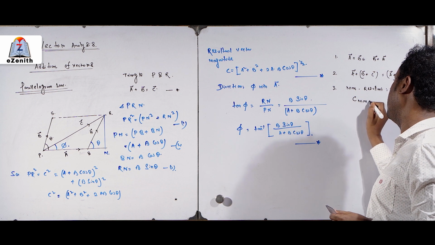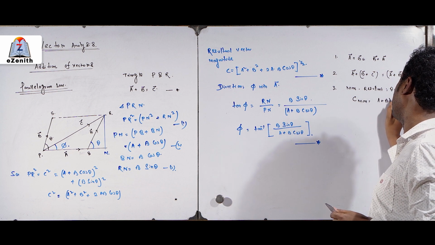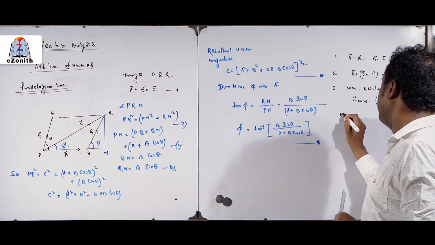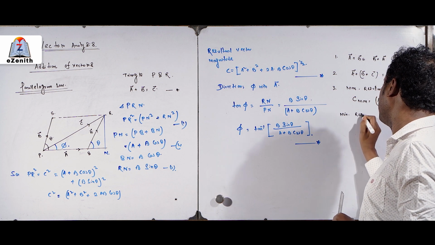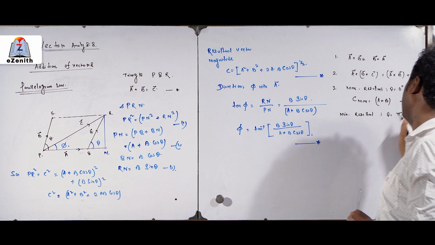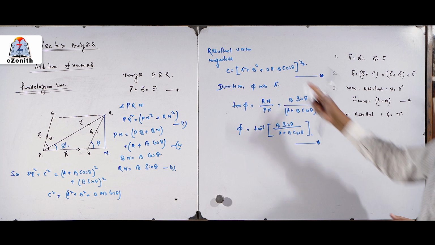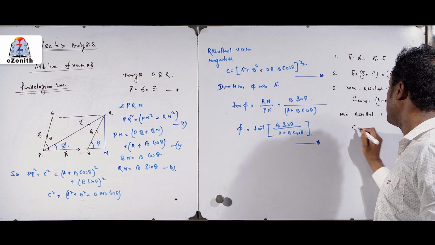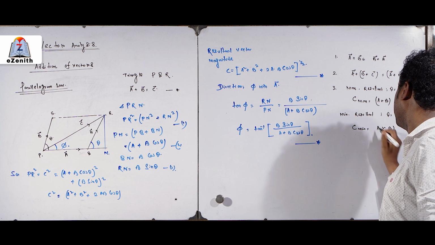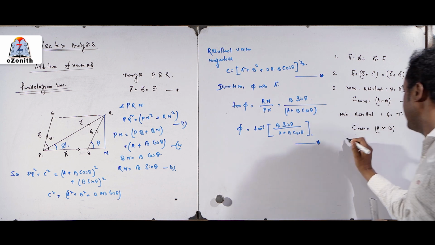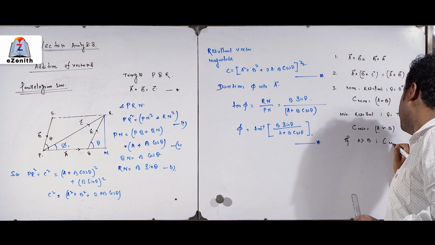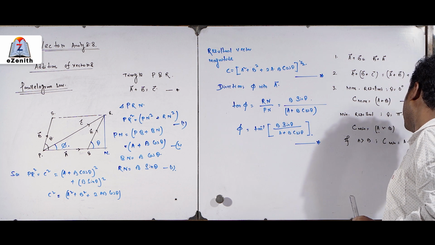So the maximum resultant is equal to A plus B. And the minimum resultant is when theta is equal to 180 degree, that is cos theta is minus 1. So C minimum is equal to A difference B. If A is greater than B, then C minimum is equal to A minus B.